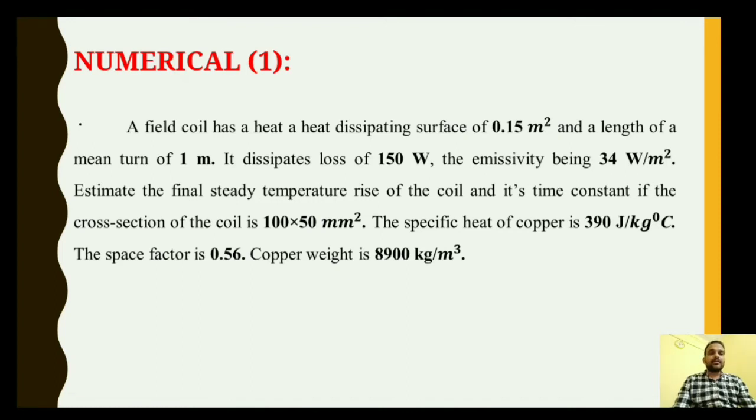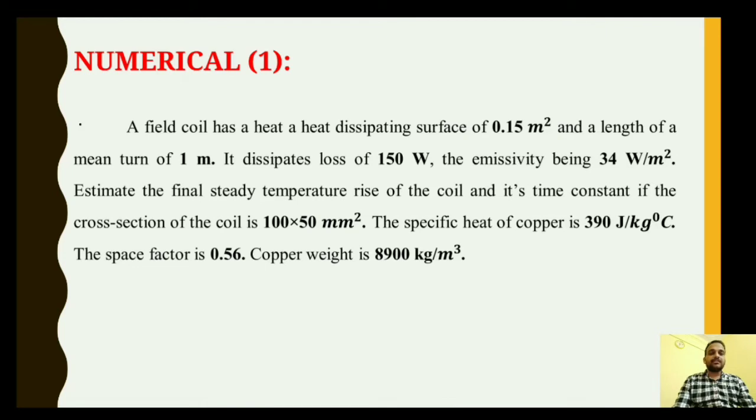And for the time constant, we have to consider TH. We have the formula TH equals GH upon S lambda, where G represents the weight of machine in kilogram, H represents the specific heat, S represents the surface area, and lambda represents the emissivity, that is specific heat dissipation. So we have to consider that formula.